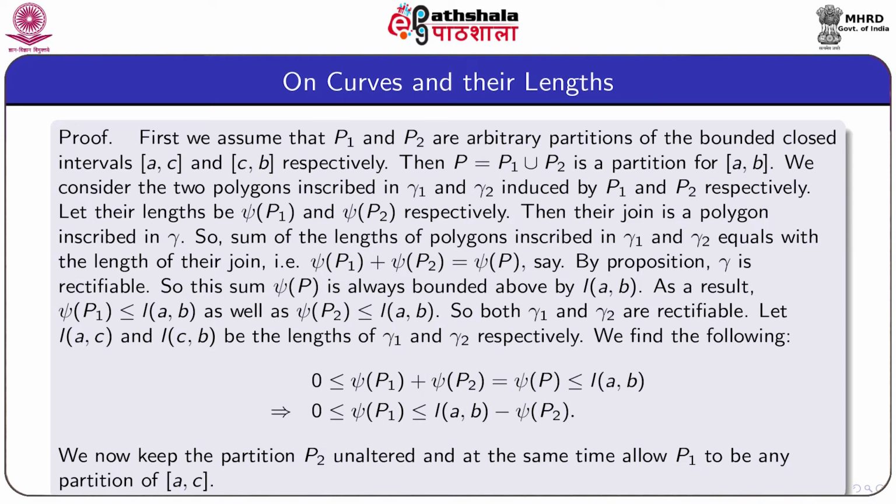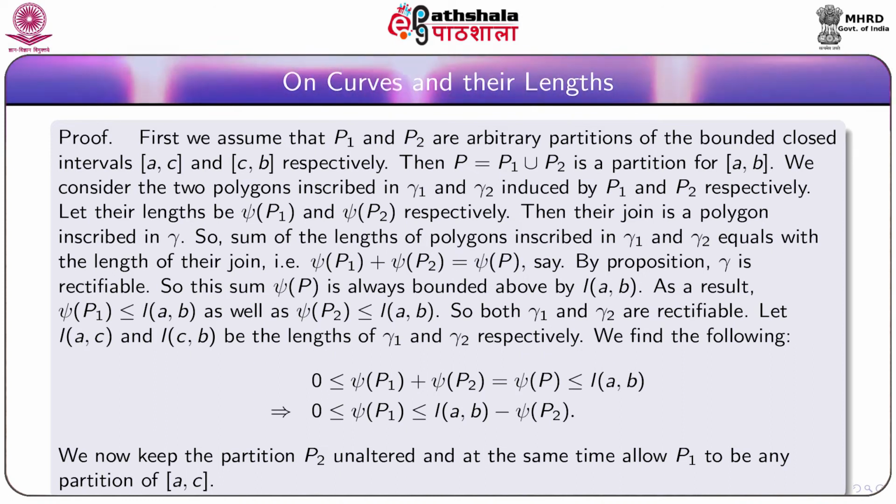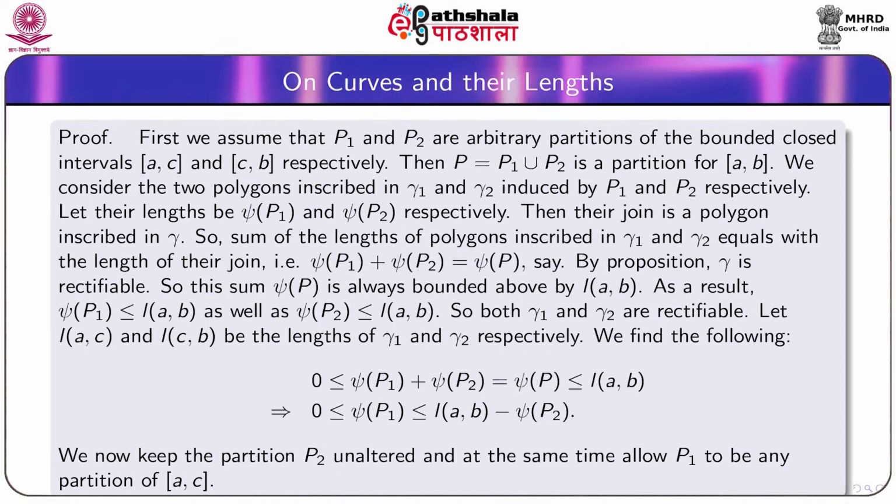Now, by the proposition, gamma is rectifiable. So, this sum psi(P) is always bounded above by L_AB. As a result, psi(P1) must be less than or equal to L_AB as well as psi(P2) less than or equal to L_AB. As psi(P1) and psi(P2) are bounded above, the curves gamma 1 and gamma 2 are rectifiable.